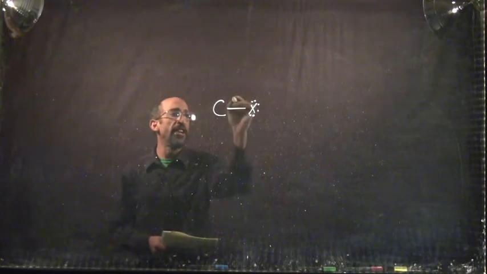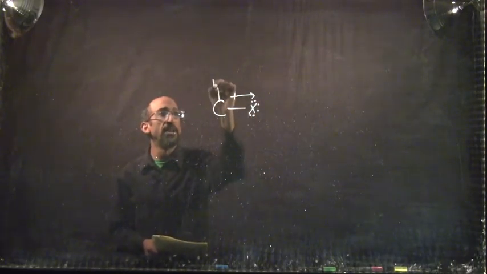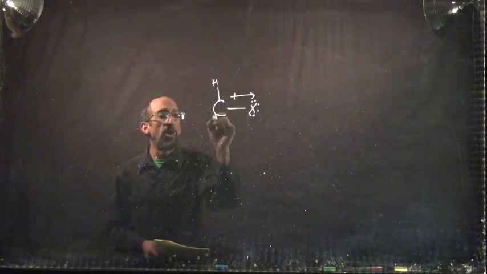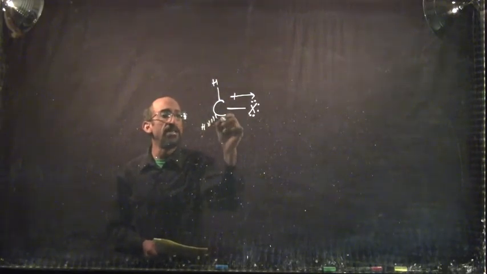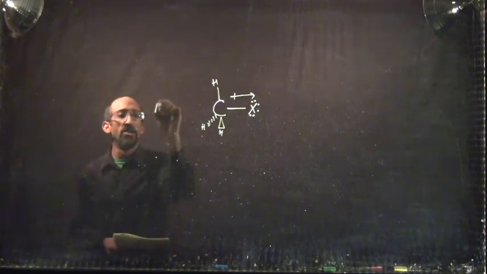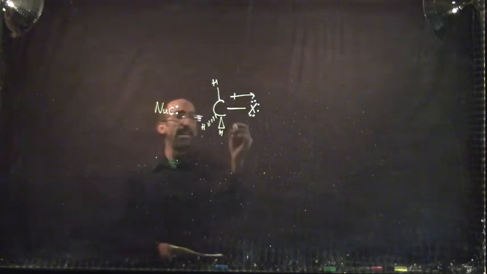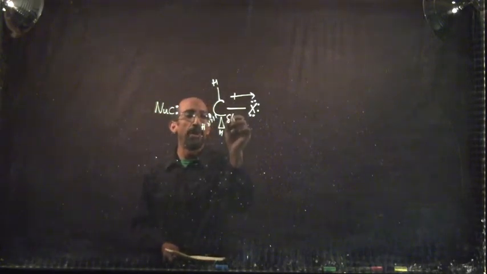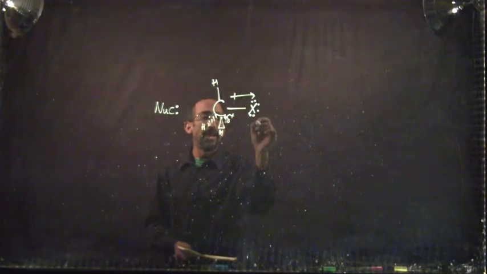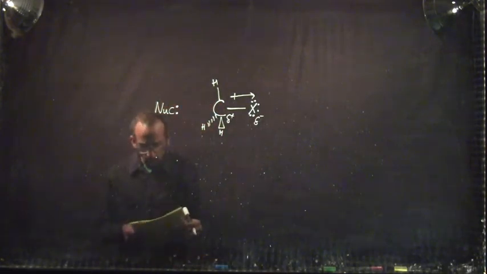X is a generic placeholder for any of the halogens. For now, I'm going to only have hydrogens as my other substituents, and I'm just going to use a generic nucleophile, which is a Lewis base. So as we said, this carbon has a partial positive charge. This halogen has a partial negative charge. This bond is polarized in this way.